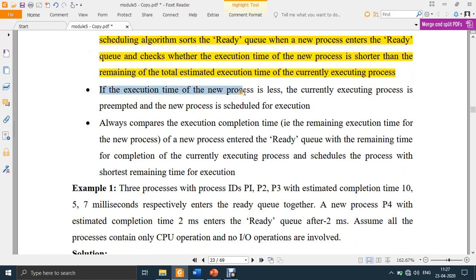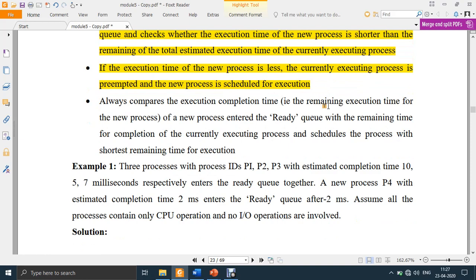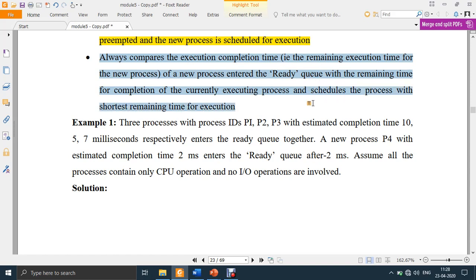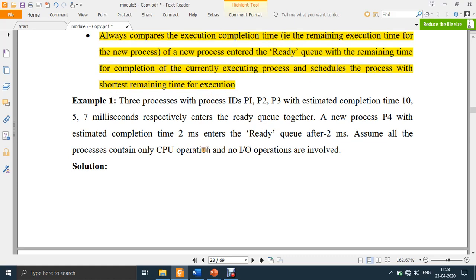If the execution time of the new process is less, the currently executing process is preempted and the new process is scheduled for execution. So it always compares the completion time of a process entering the ready queue with the remaining completion time of the currently executing process and schedules the process with the shortest remaining time for execution. Okay, so this is very important. I'll explain this with an example now.